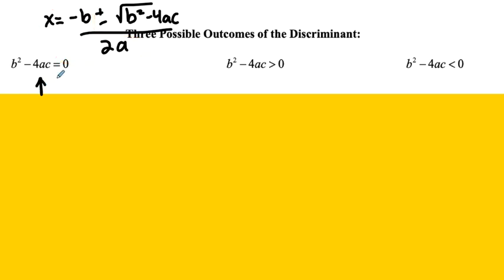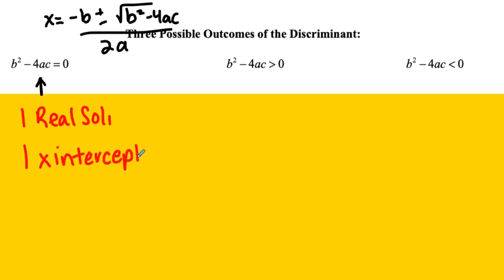So when the discriminant is equal to 0, it has one real solution, which means one x-intercept. And we're going to be talking about what that means because that original equation was a perfect square trinomial. FYI, okay?